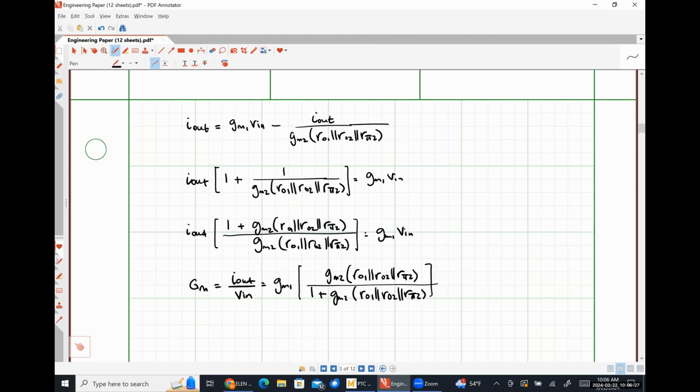GM2 times R pi 2, which would be beta. Realistically, it'll be a little bit less than beta, but somewhere in the ballpark of beta. So I have GM1 times close to beta over close to beta plus 1. For large beta, what's that look like? About 1. So we just did a ton of work to prove that the short circuit transconductance of this big ugly combination is going to be about GM1.